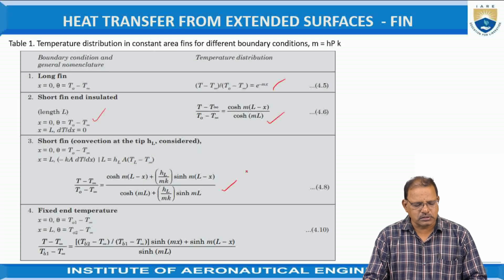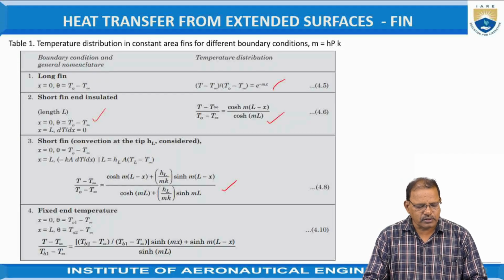For fixed end conditions, at x is equal to 0, theta is equal to T_b1 minus T∞, and at x is equal to L, theta is equal to T_b2 minus T∞.